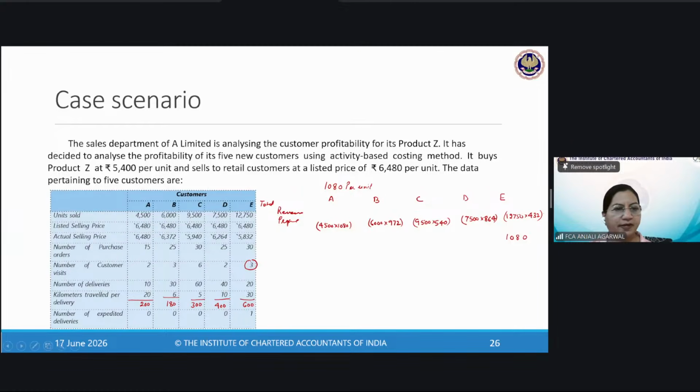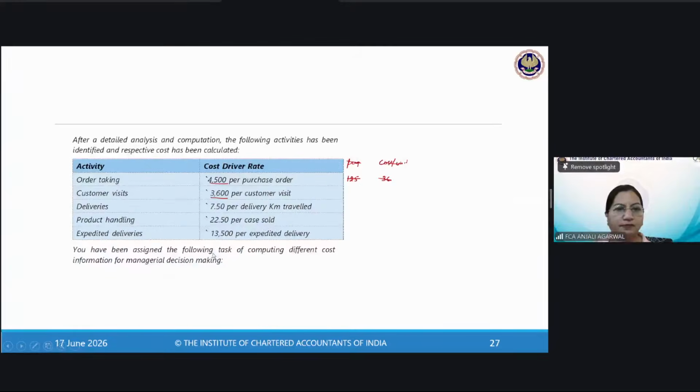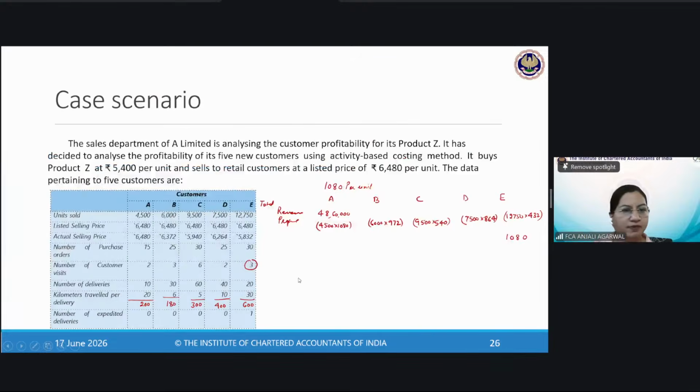Let's do for customer A. First, we have found out what is the profit, 4,500 into 1080. That's the profit for A, 48 lakh 60,000. Now the first cost is order taking, 4,500 per purchase, 15 into 4,500, 67,500.